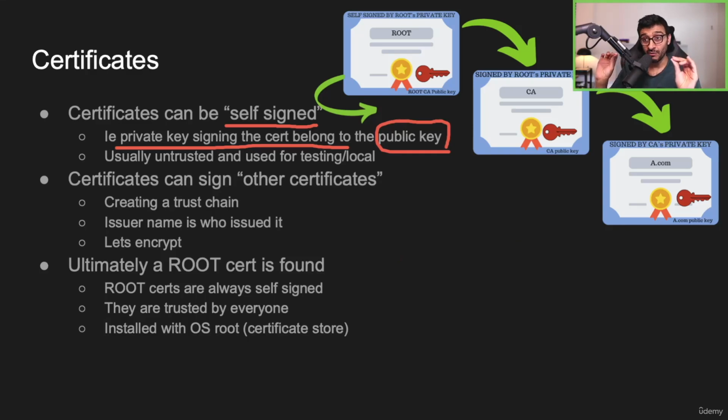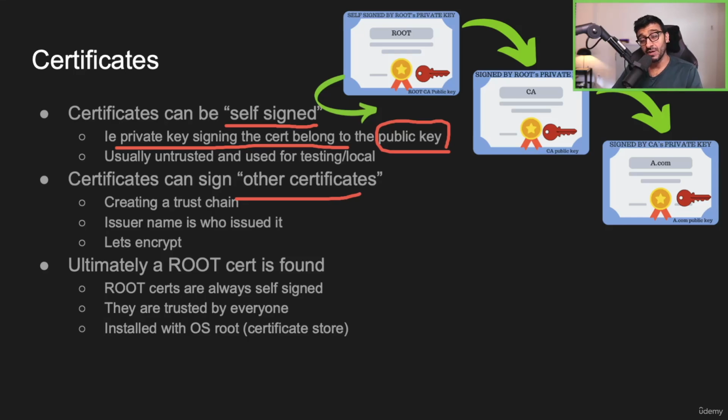The legitimate way of doing certificates publicly on the internet is to have other certificate authorities use their private key to sign my certificate. This is trusted because those certificate authorities, which have a certificate themselves, are also signed by other certificate authorities, and those are signed by other certificate authorities, and the chain goes on for a while.